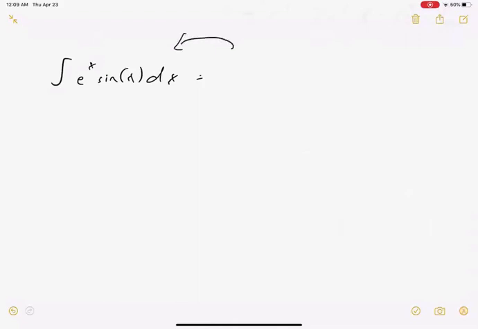Okay, so if I try and integrate e to the x sine of x dx, let's see, I could let u be my sine and dv be my e to the x. So let's see, if I do that, then okay, I apply integration by parts one time and I get this.